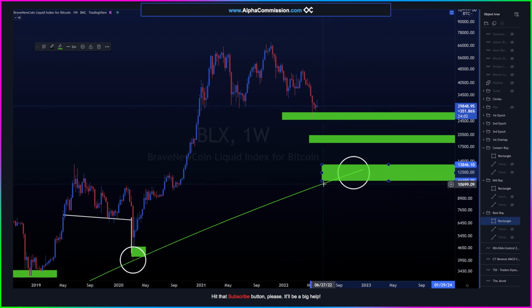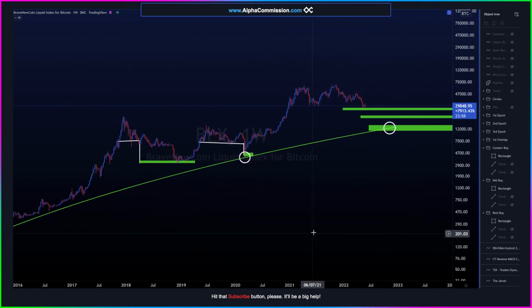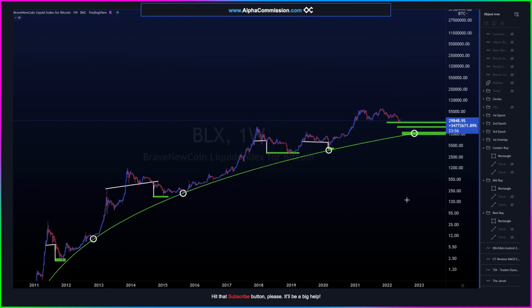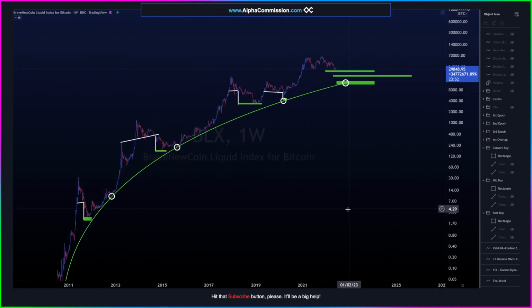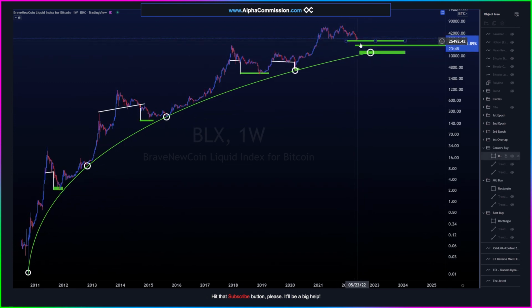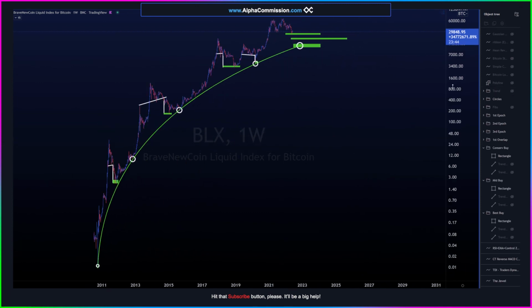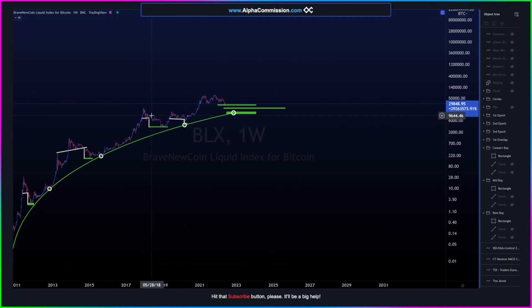But what I'm suggesting is that 10,000 is an absolute bottom. I don't have any way to consider lower than $10,000. The only way that I could see lower than $10,000 is, I honestly can't. It wouldn't make sense. There's too much support here.